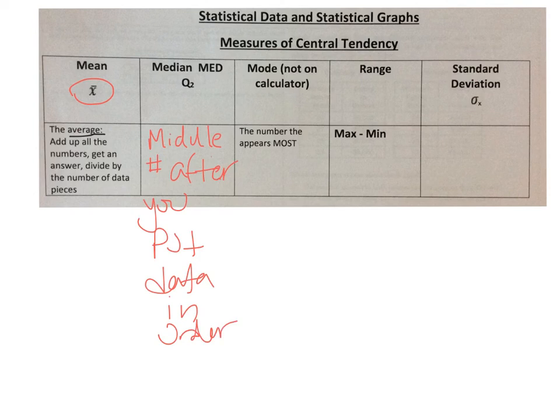Now, once again, you can find this on your calculator, which is your Q2 or your median, when you hit stat calc 1. But if you're calculating it by hand, make sure that you put the data in order first, then find the middle number.